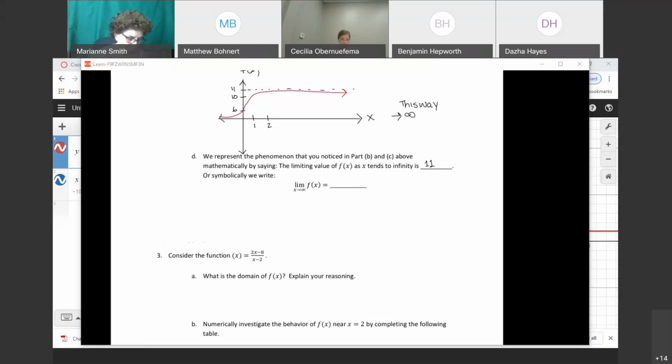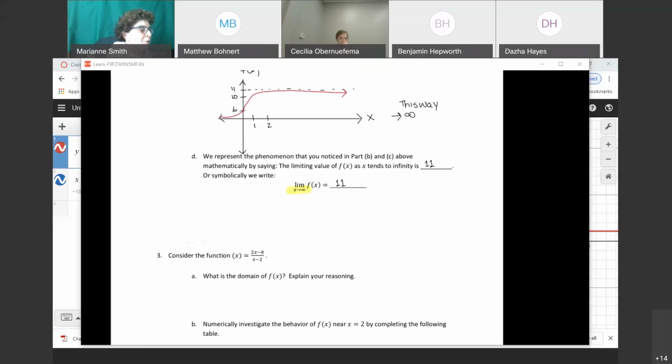So what you want to notice here is the infinite limit. You can take limits at infinity, and that value will be 11. Everybody all right with that one? And again, I already showed you that when you approach a vertical asymptote, you're not approaching a number, so you don't have a limit there.